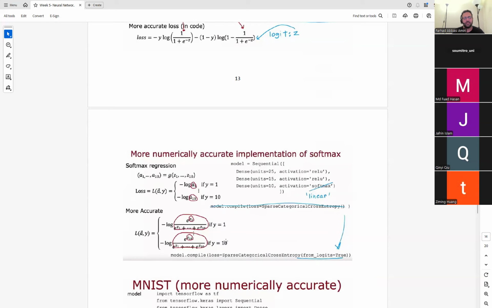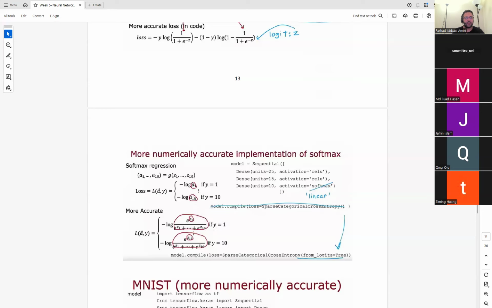What was logits? The Z. So you remember this was the loss function of the multi-class classification. If y is 1, the loss is minus log of a1. If y is 10, it is minus log of a10.